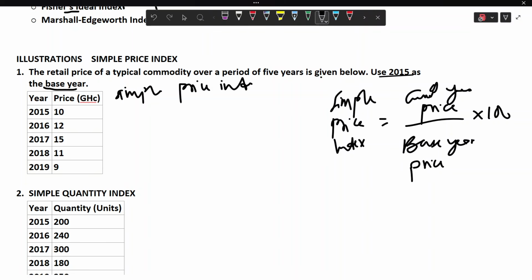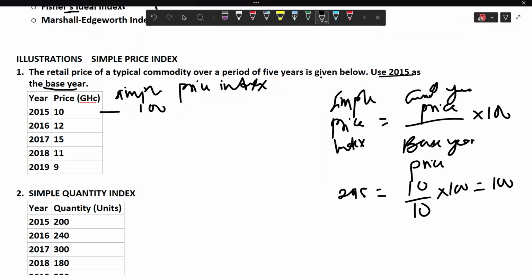For 2015, we have a value of 10 divided by the same 10 times 100, giving us 100. So for 2015, the simple price index is 100.